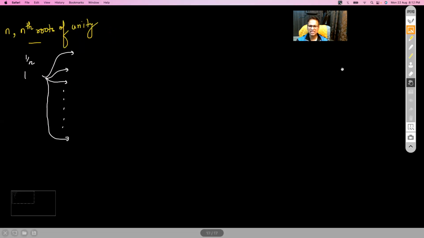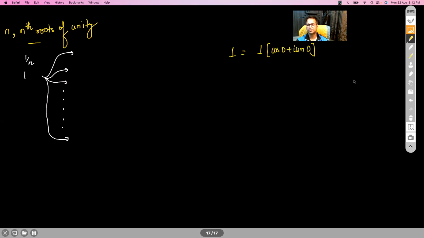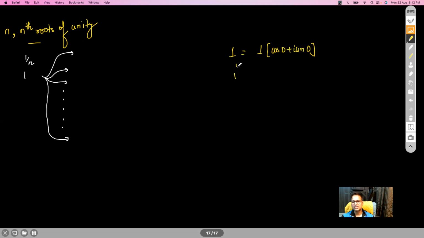Okay. So first of all, the same approach that we had taken for cube roots of unity. 1 as a complex number, I can write it as 1 cos 0 plus i sin 0. Let's raise it to the power of 1 by n. Even before that, the step which I normally perform, replace 0 with 2k pi plus 0. Now, when you're raising it to the power 1 by n, there's no point writing 1 to the power 1 by n. That is actually a 1 only.